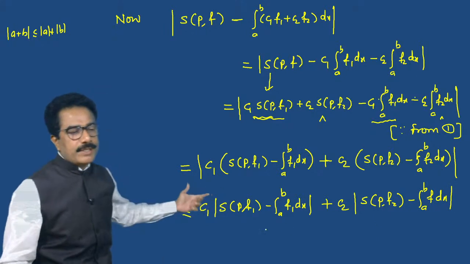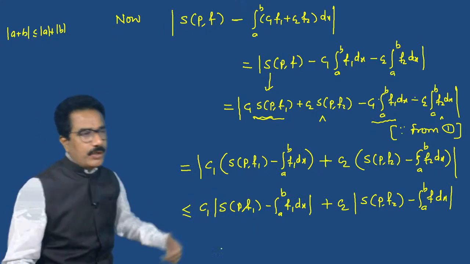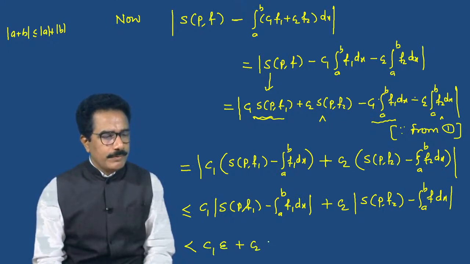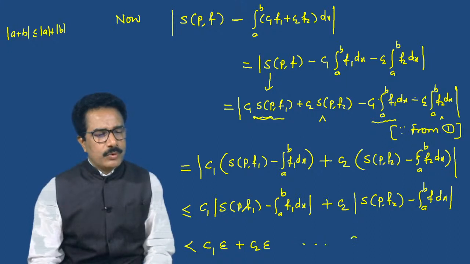अभी देखो, from equation 1 we can put the value of this modulus which is less than c1 epsilon plus c2 epsilon from 2 and 3.